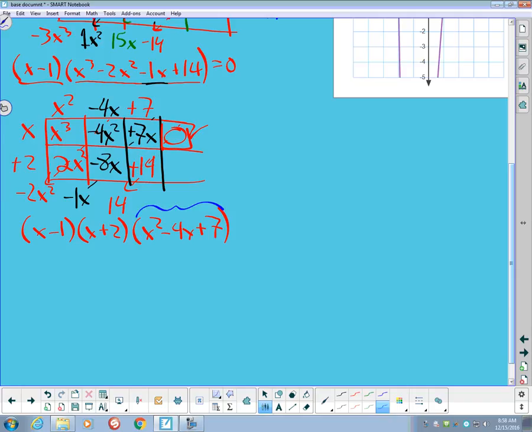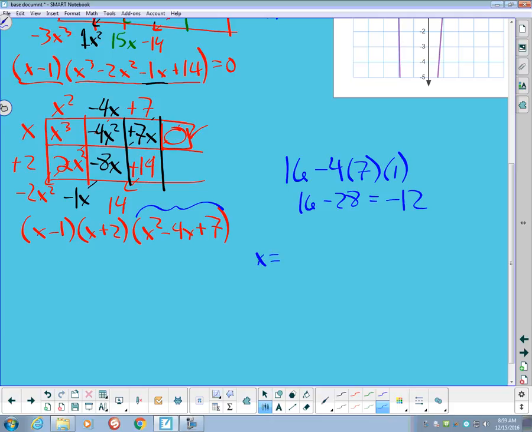If I do my b squared, which would be 16, that's my b squared, minus 4 times 7 times 1, and that's a 16 minus 28, which is a -12. So clearly this is not going to factor, and because my discriminant is negative, it means I'm going to have complex roots.